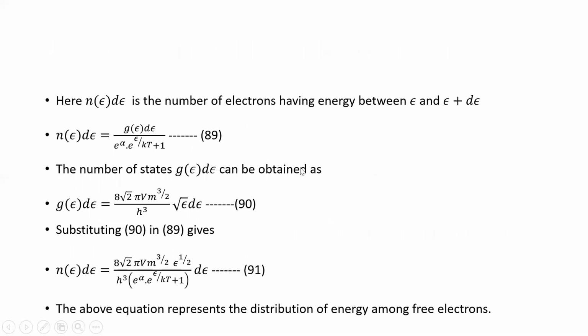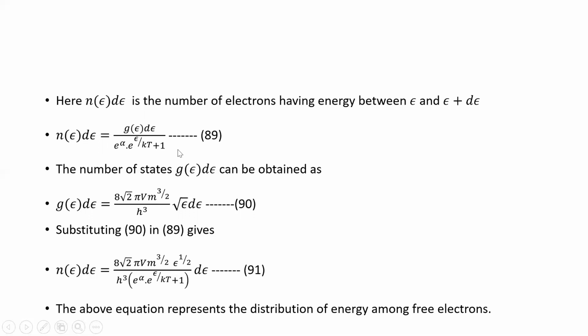Here, N(E)dE is the number of electrons having energy between E and E plus dE. As we considered in the previous cases, we shall consider N(E)dE is the number of electrons having energy between E and E plus dE. So the expression of N(E)dE can be written like this.